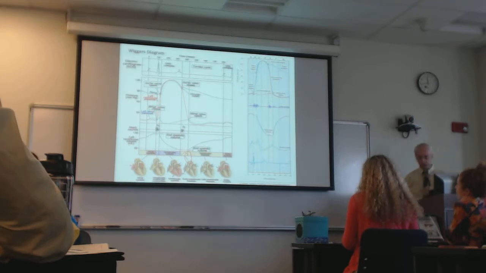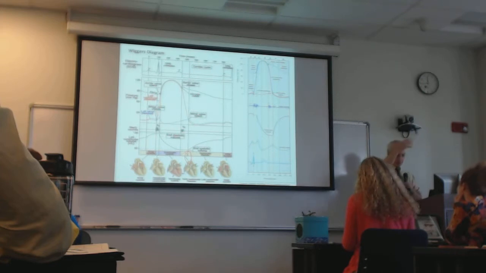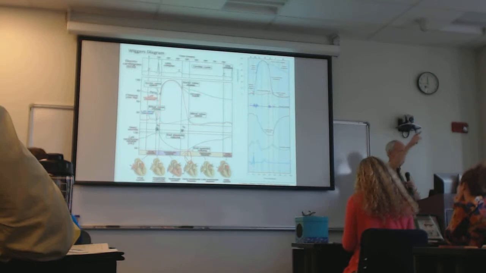Technically, early ventricular diastole just means that the pressure, let's say in the vena cava, is greater than the pressure in the ventricle. And so blood will simply flow through the atrium into the ventricle.